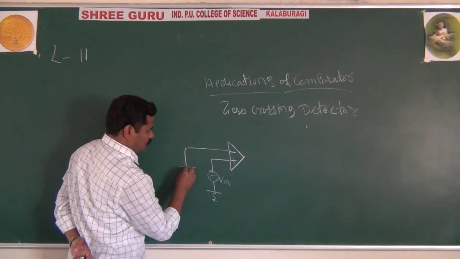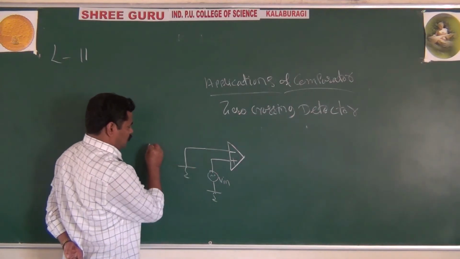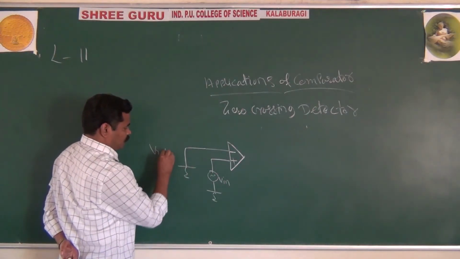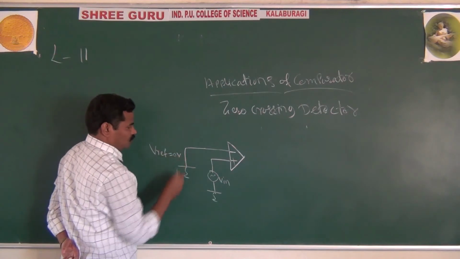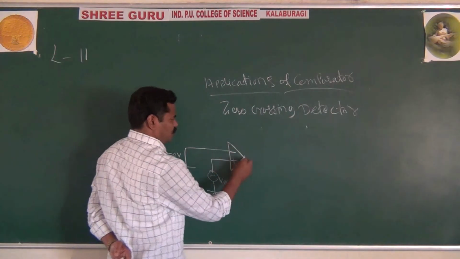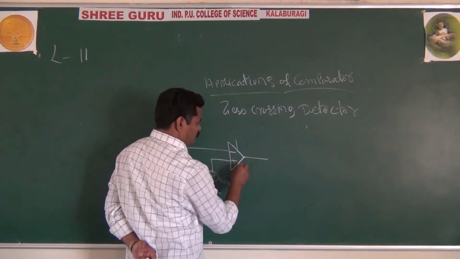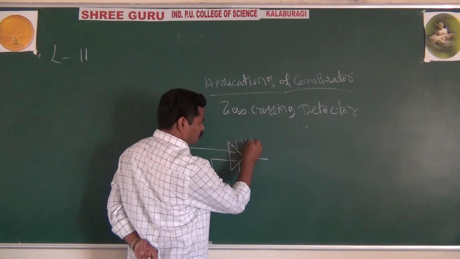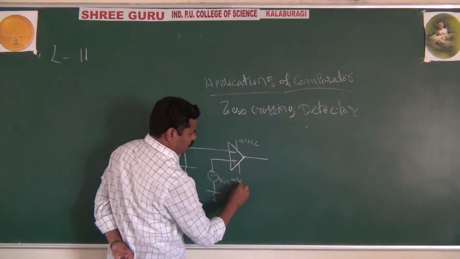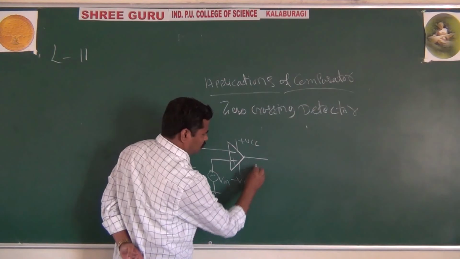The negative reference terminal is ground, so Vref is 0. And as usual, you use a positive VCC and a negative VEE. And here you get ground.